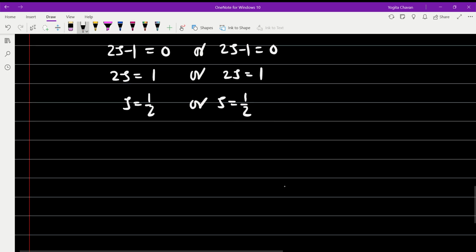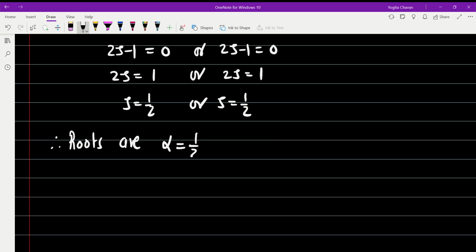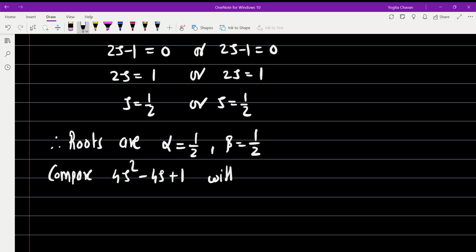Therefore, roots are, say, alpha is equal to 1 by 2 and beta is equal to 1 by 2. Now compare this 4s square minus 4s plus 1 with a s square plus bs plus c.